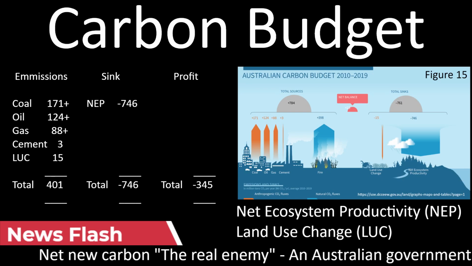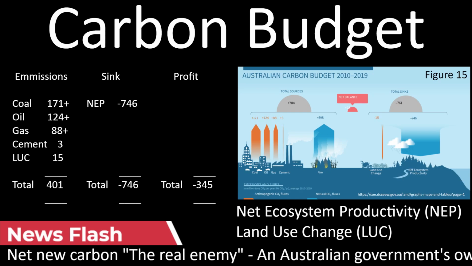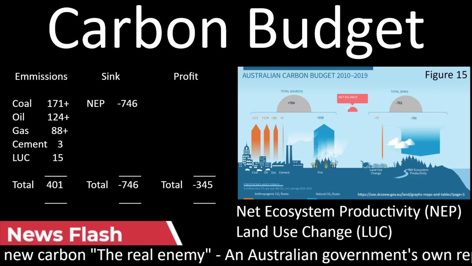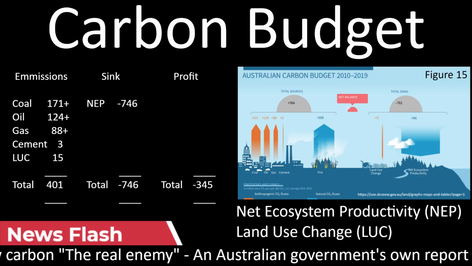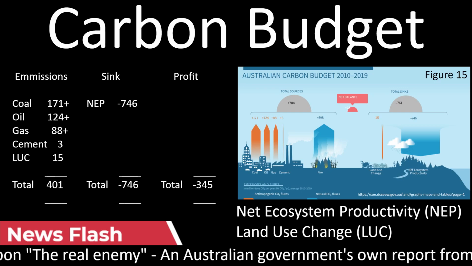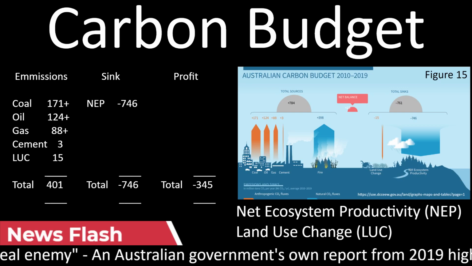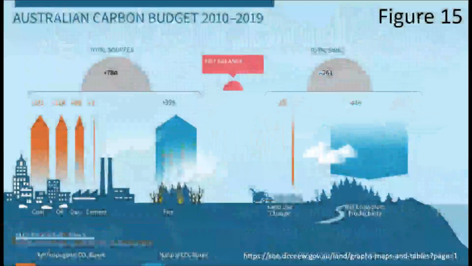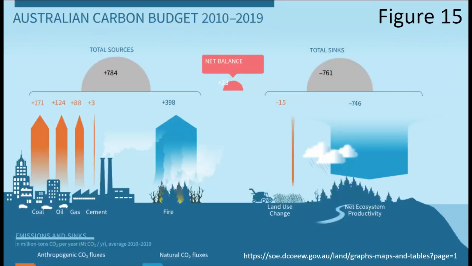Now, if you don't know what net new carbon is, and you think about all the emissions, all the sources creating carbon, if you'll see on the image, and I'll take it back to this one so you can see it, the total sources of carbon, including bushfires, is 784 million metric tons, but it doesn't matter, 784.